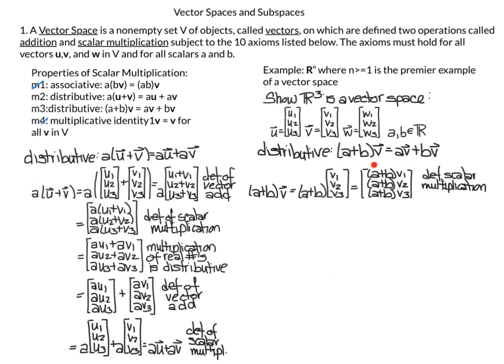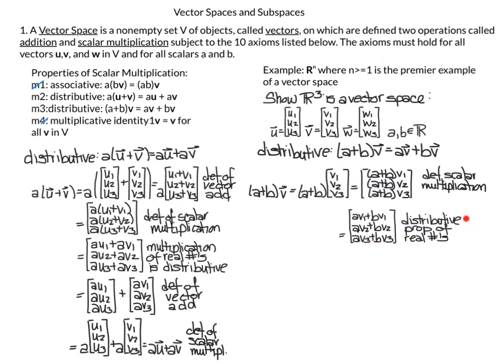So now you might recognize this. The a and the b, they're real numbers. My v1, v2, v3 are real numbers. So now we can use properties of real numbers. In particular, now we can distribute. We can have this av1 plus bv1, multiplying v2 by each of them, av2 plus bv2, and here's a real number multiplying each of a and b by this third real number, v3, av3 plus bv3.